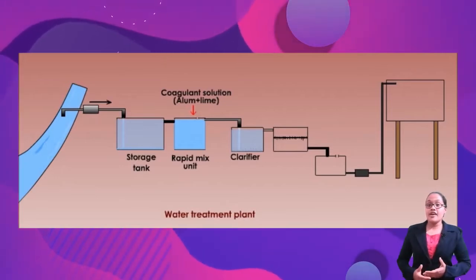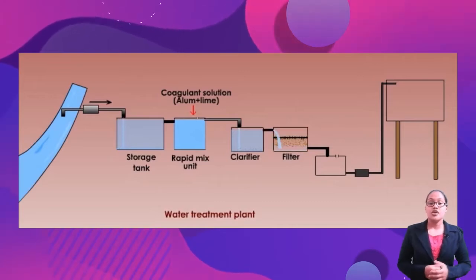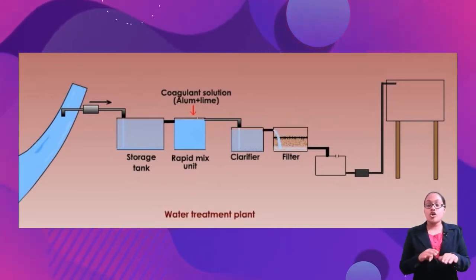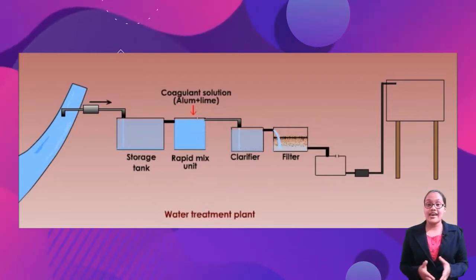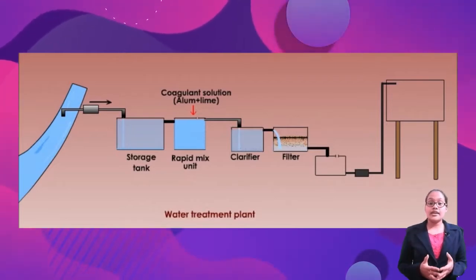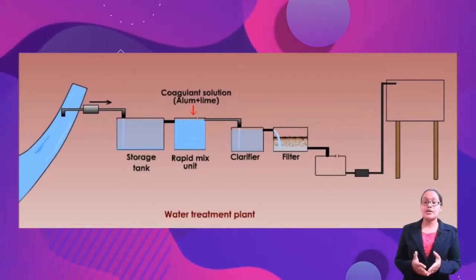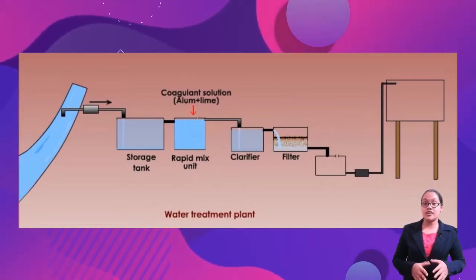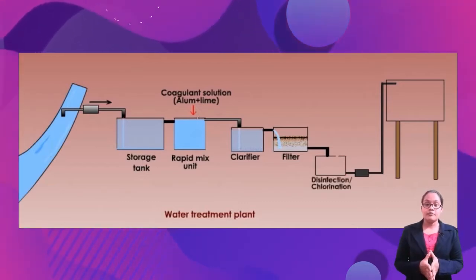There we have 3 layers of sand and stones. The first, topmost layer is made of fine sand, followed by a middle layer made of coarse sand, and the bottom layer at the lowest part is filled with gravel.